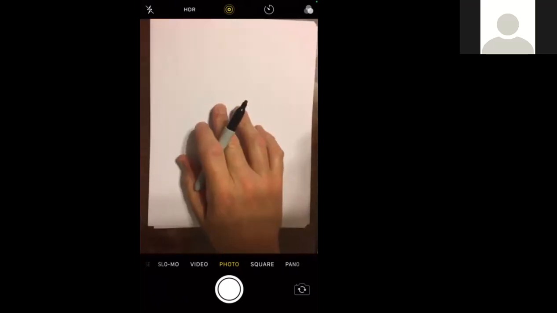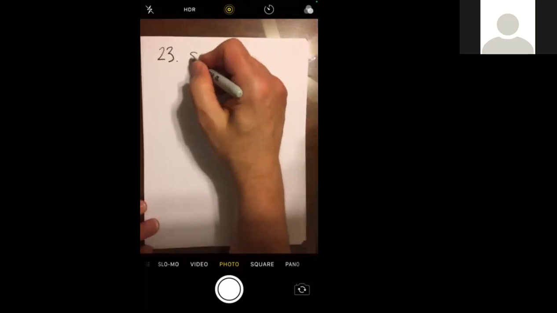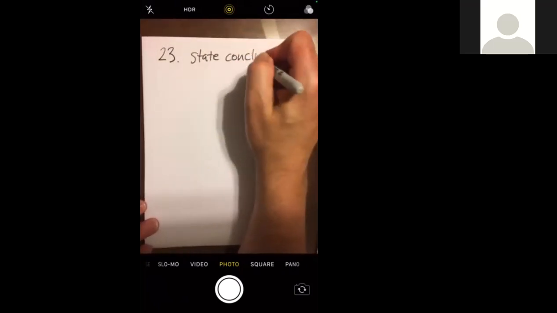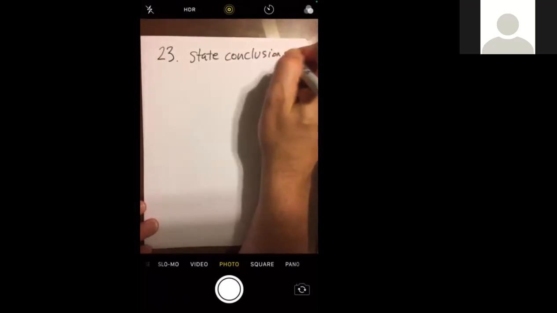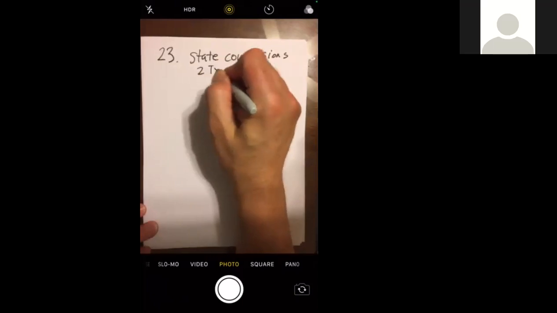All right. Well, there's one really last section. Then there's a couple of problems with a lot of parts we can save for the last Zooms, 35 and 37. Try 23. You see how difficult this is. State conclusions. There's two types.